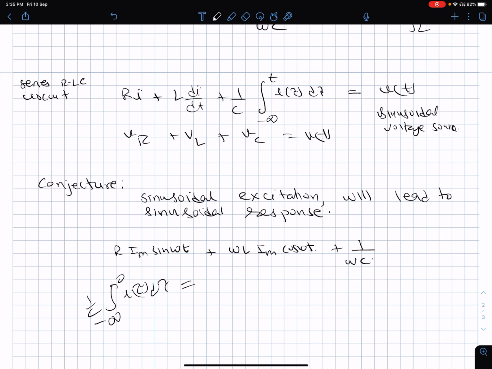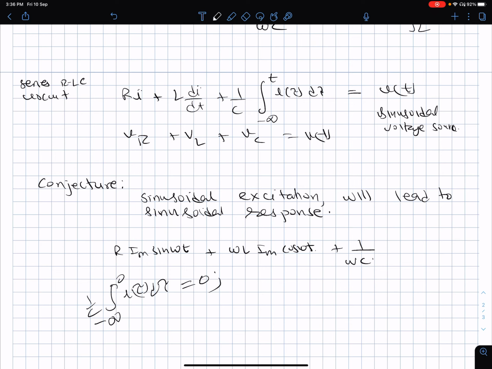So assume that the capacitor was discharged, then the charge was 0, so the corresponding voltage was also 0. So the initial condition, if you suppose you close the switch at t equal to 0, then you would know that the initial condition is 0.